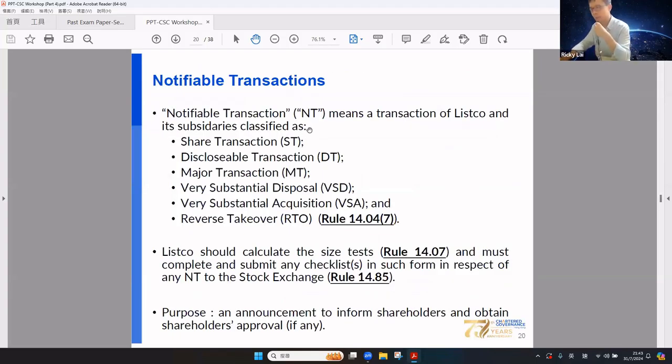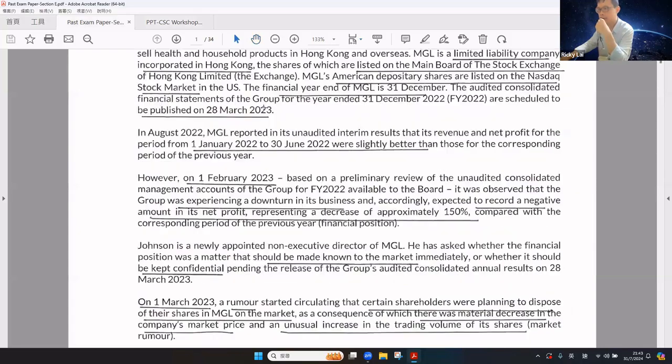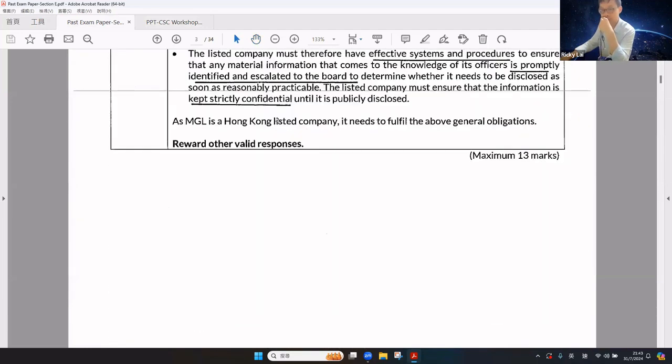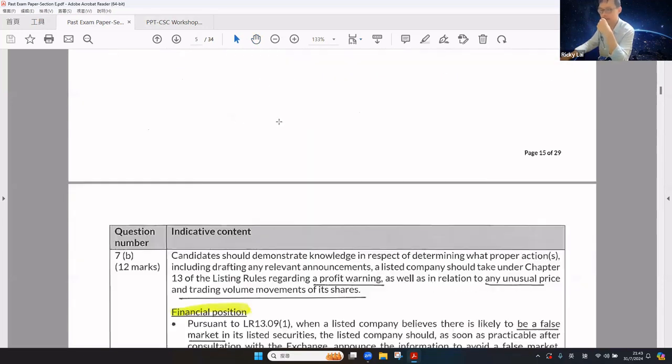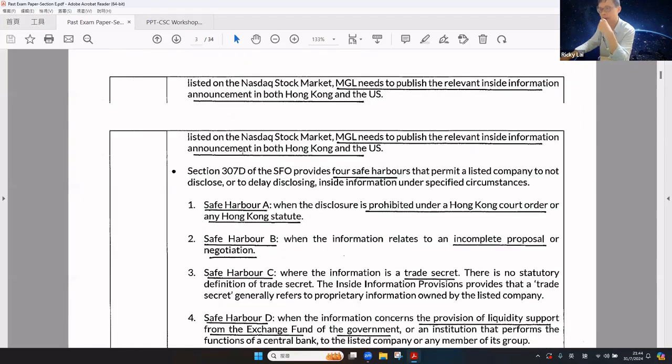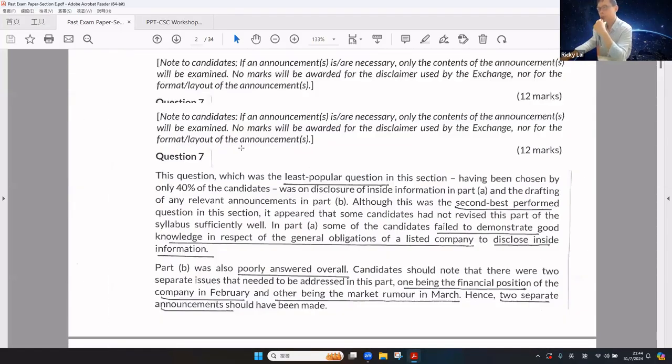After you understand all the listing rule requirements from Chapter 13, 14, and 14A, please also do some revision on the past exam papers and learn more exam strategies on how to present the answer. As I mentioned before, please also provide some headlines after you identify any key issue from the question.